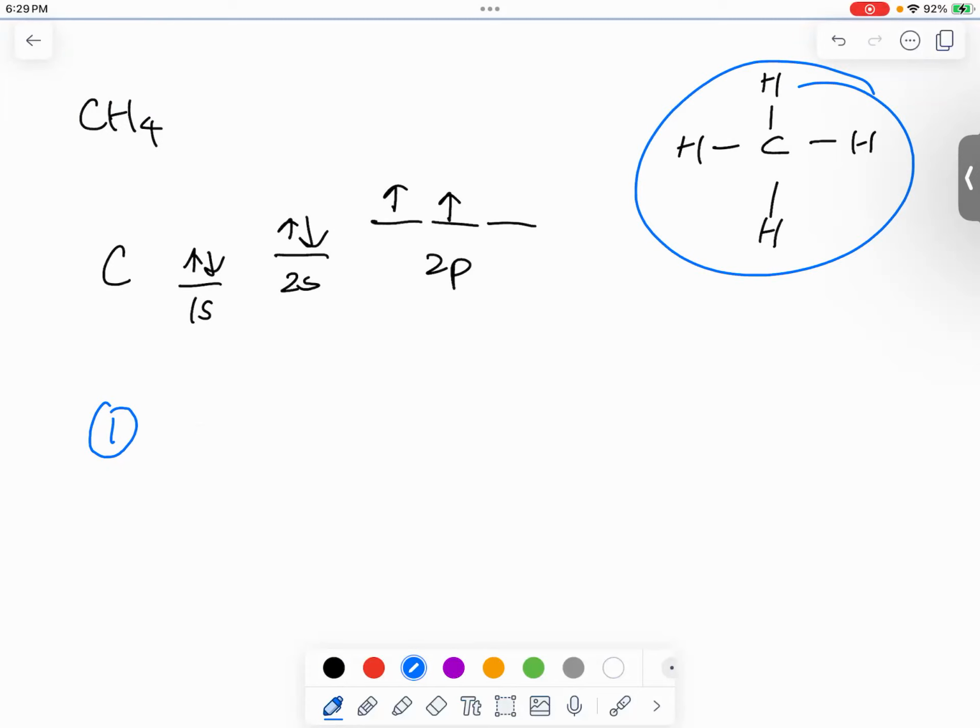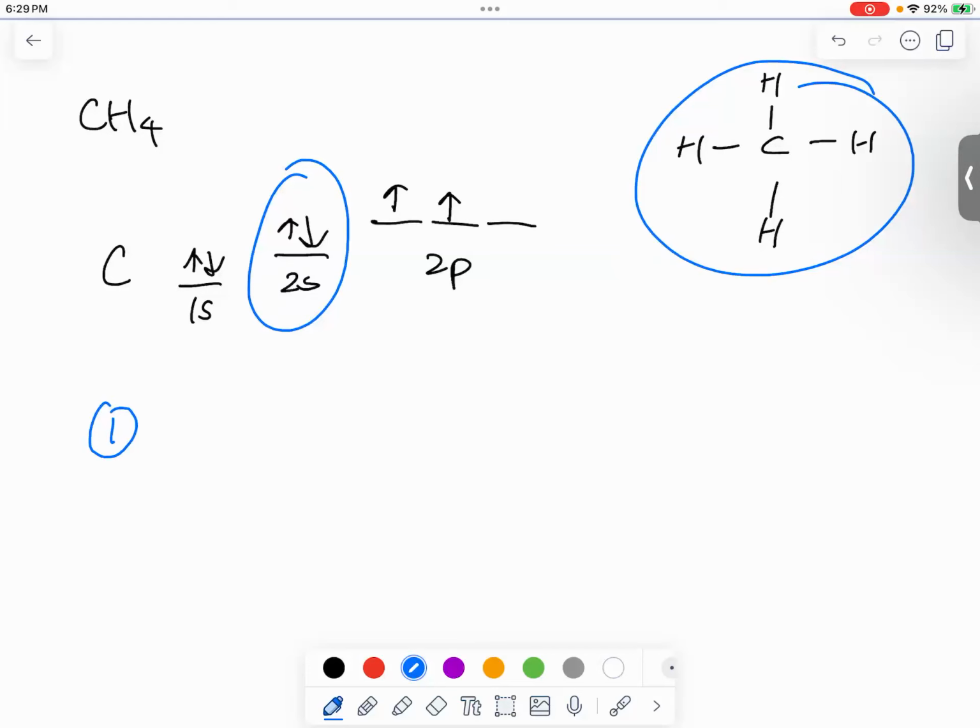But wait, look at the 2s orbital specifically, because it's in the outermost energy level. It is fully occupied. There's no way to make a bond with the 2s. There's no spot to overlap.